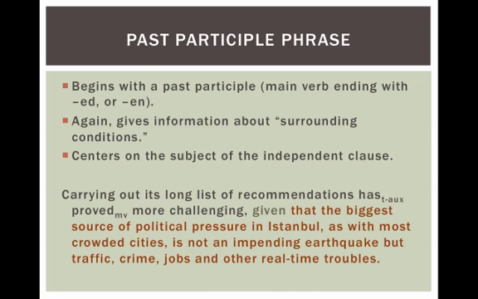So again, it gives information about surrounding conditions, and this is true of present participial phrases as well. They give you more information about the subject and the verb of the independent clause, and there's a long reason for this, but basically it's like they have an implicit subject, and so they sort of borrow a subject from the independent clause.